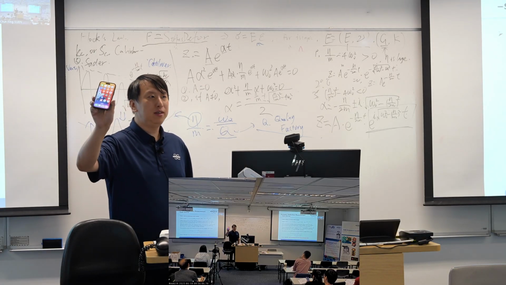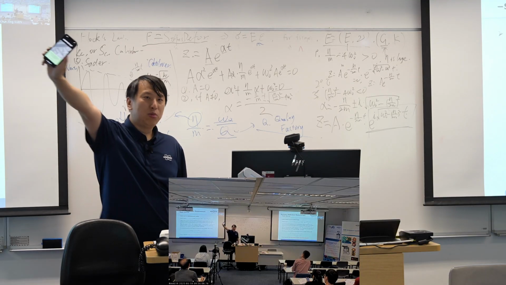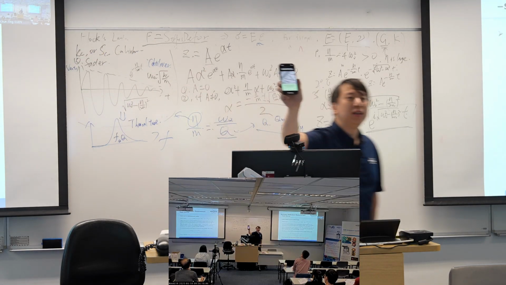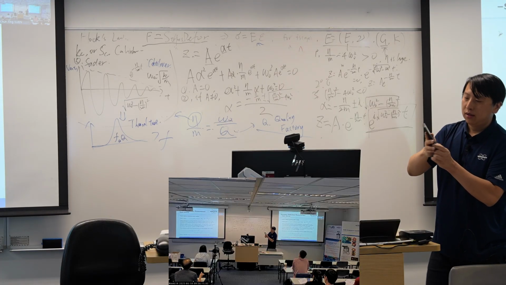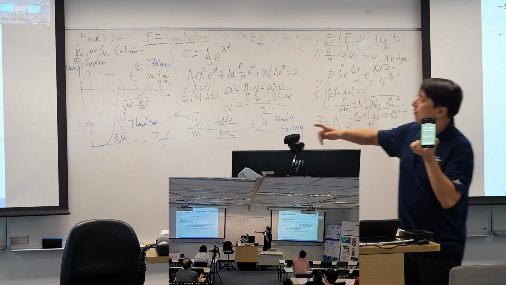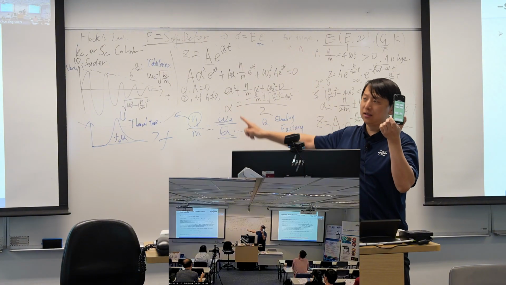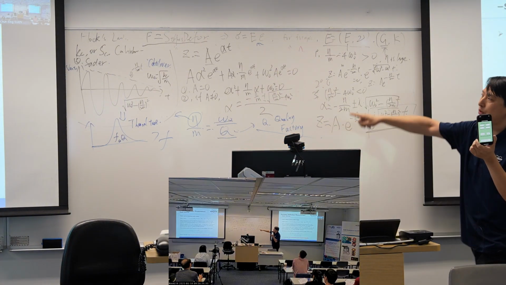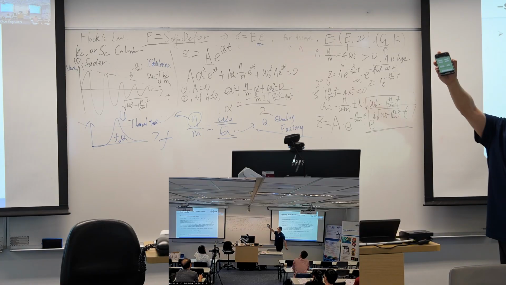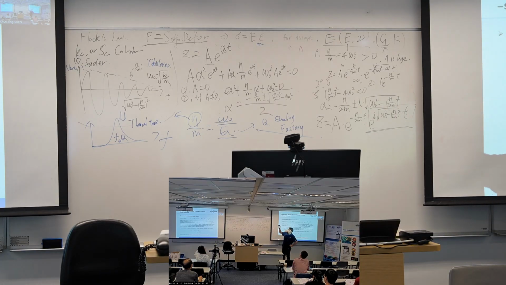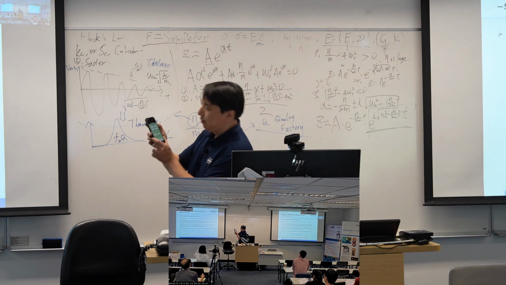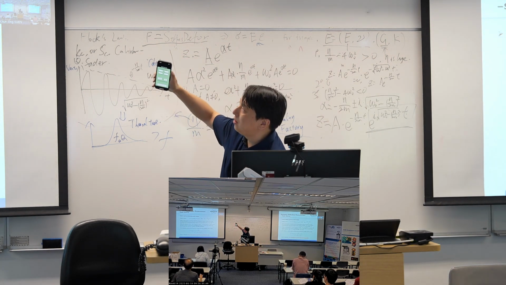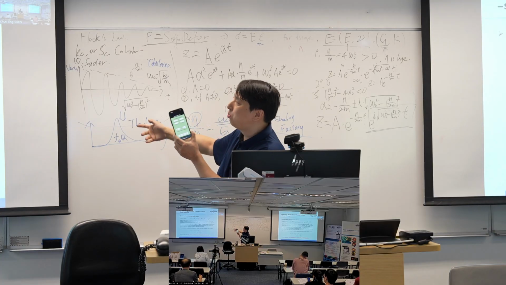Its name is Sader Method. Once you enter this application, you write down the resonance frequency and the quality factor you measured using the thermal tune, and then you type in the geometry, and this application will give out the spring constant.